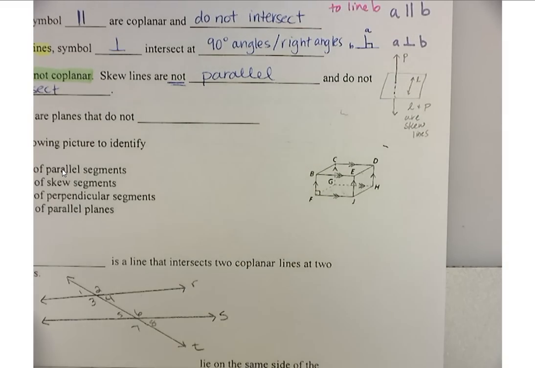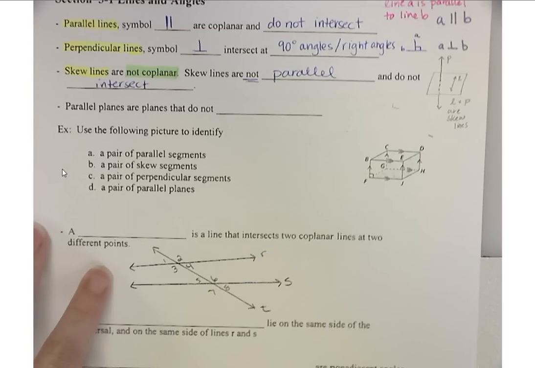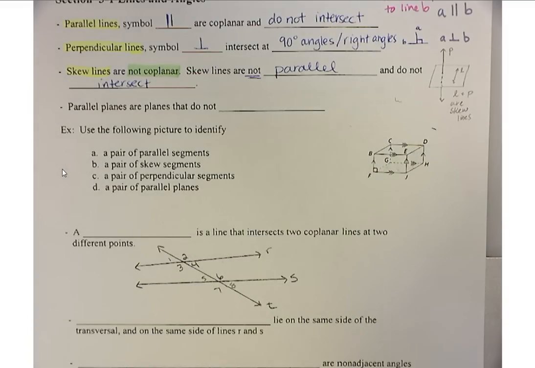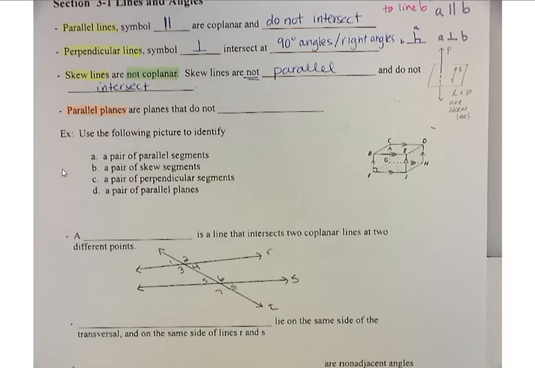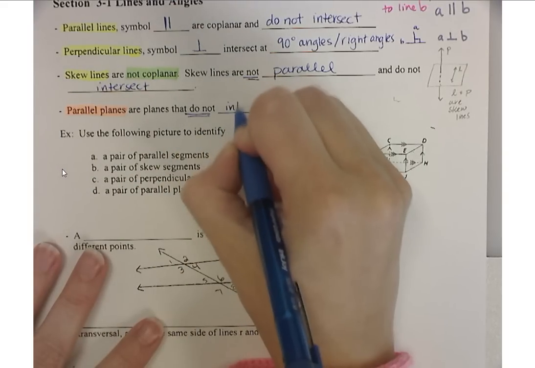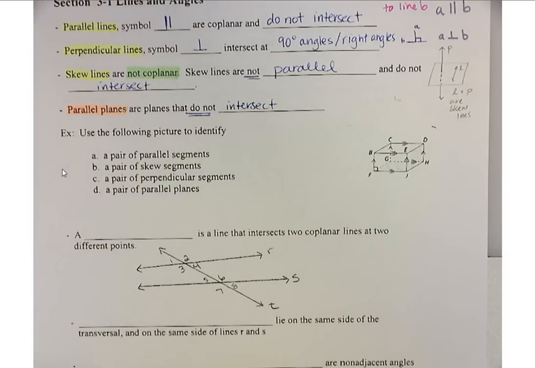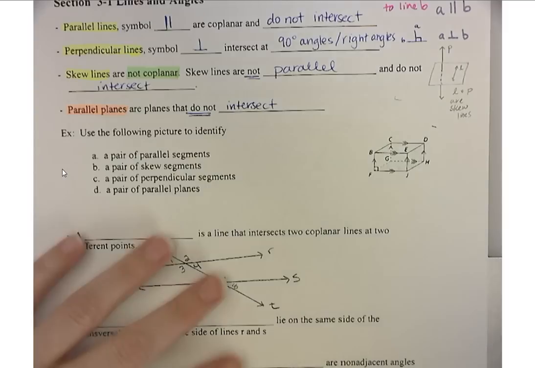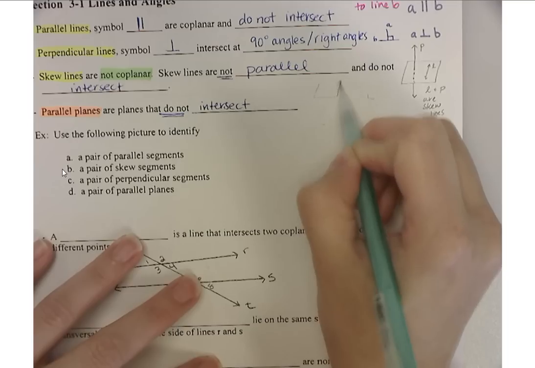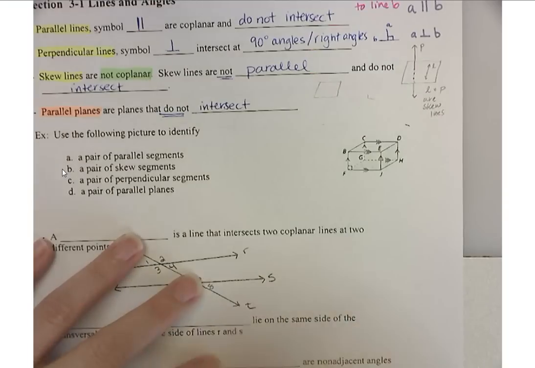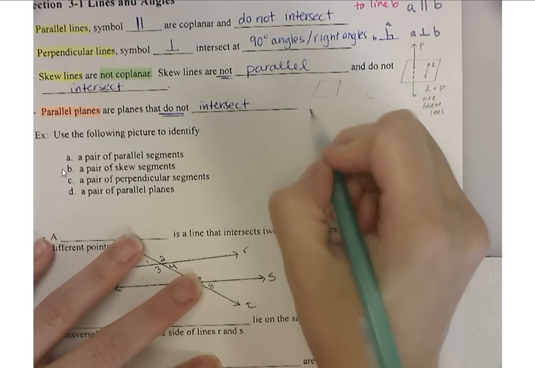All right, and then the next thing we're going to talk about are parallel planes. So we had parallel lines, now we have parallel planes. Just like how parallel lines are lines that do not intersect, parallel planes are planes that do not intersect. And then we're also going to draw those. So if you have two parallel planes, we are going to draw again our plane like a slanted rectangle, and then we're going to put another one a little bit lower.